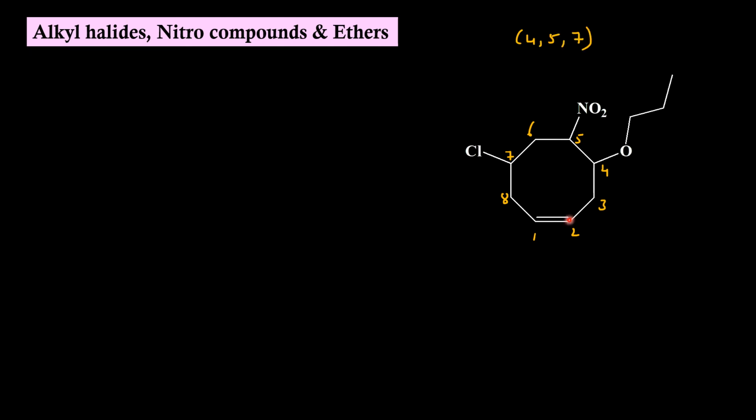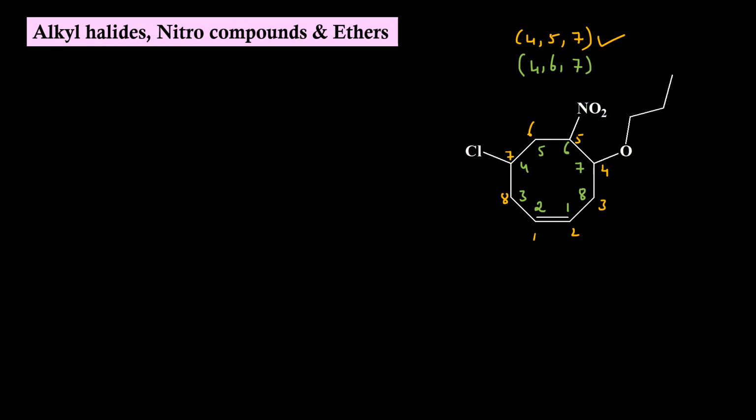If we start numbering from the other position, 1, 2, 3, 4, 5, 6, 7, 8, the locant set will be 4, 6, 7. According to the lowest locant rule, 4, 5, 7 will be the appropriate choice.